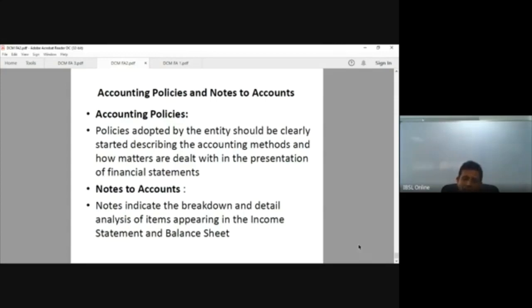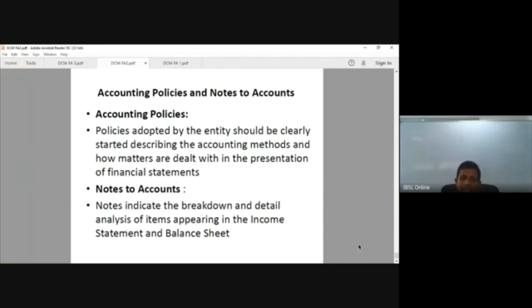Accounting policy for income, accounting policy for expenses, accounting policy for depreciation, accounting policy for provisioning, right? They should include these things and properly declare their policy on everything. Events after the balance sheet date, prudence concept, accounting errors, everything should be clearly stated.